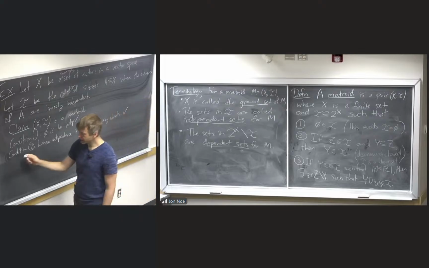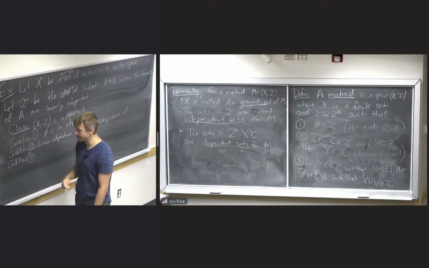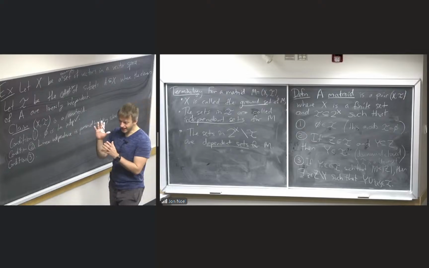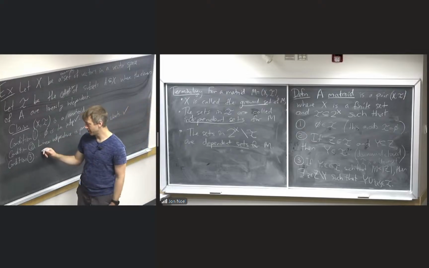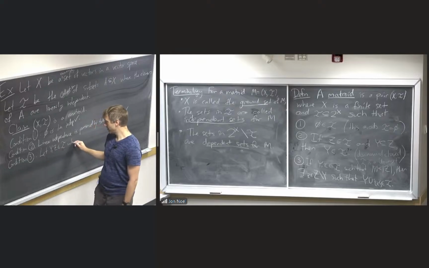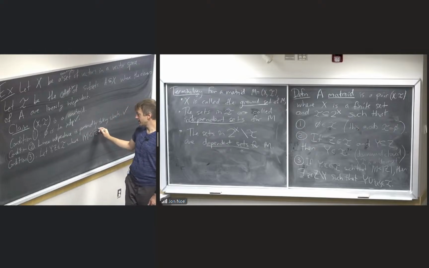For condition 3, this is always the one that, probably 90% of the time, is more tricky to check. But here we actually have to think about some linear algebra. So let's say y and z are elements of I, where the size of y is less than the size of z.